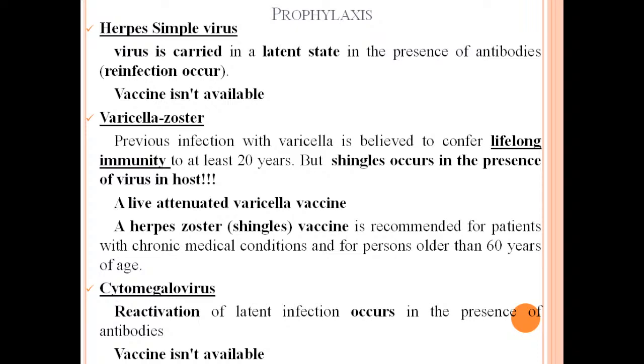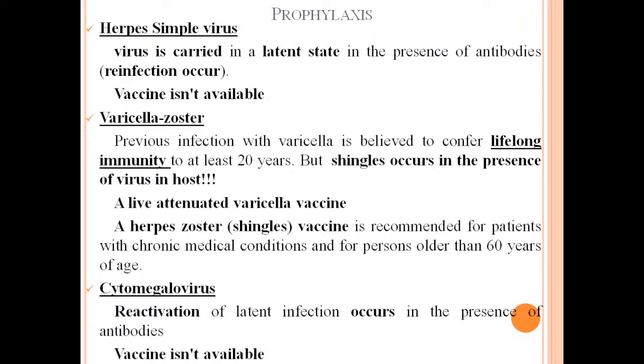Today there is a vaccine to prevent chickenpox. It's a live attenuated varicella vaccine, and there is a herpes zoster shingles vaccine that is recommended for patients with chronic medical conditions and for persons older than 60 years of age, because at this age patients are most susceptible to develop shingles.